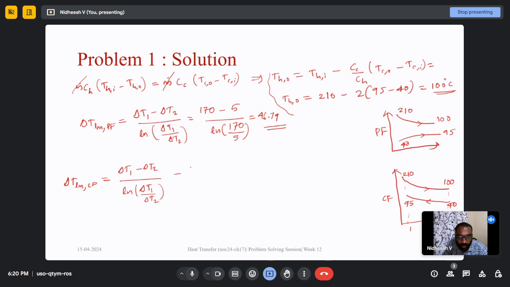So it would be equal to delta T1, which would be 210 minus 95, that is 115, minus 60, divided by ln 115 by 60.